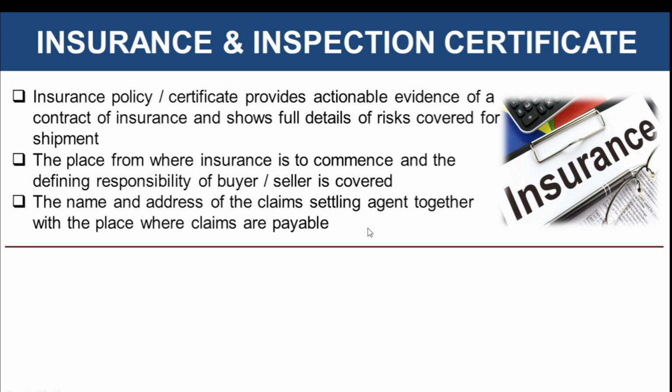Now, what all things would be mentioned in an insurance certificate? Insurance value would be mentioned, claim amount, who would be settling the claim, so the claim settling agent or the insurance company, and the place from where the insurance would commence or start. So the port of loading; usually it is from the port of loading to the port of destination. All these things would be mentioned in the insurance certificate.